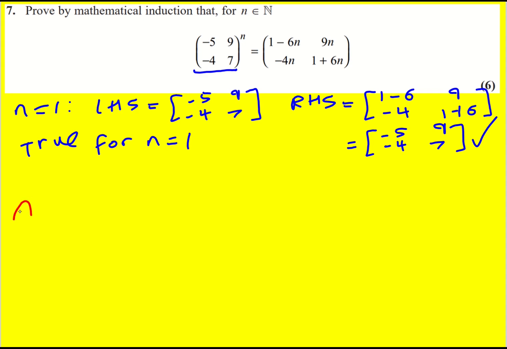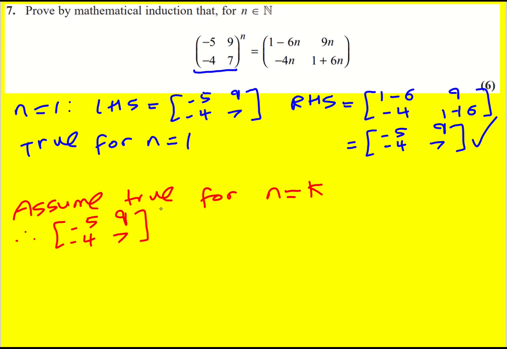So now we're going to assume that it's true for n equals k. Therefore, minus 5, 9, minus 4, 7, the k is equal to 1 minus 6k, 9k, minus 4k, 1 plus 6k.